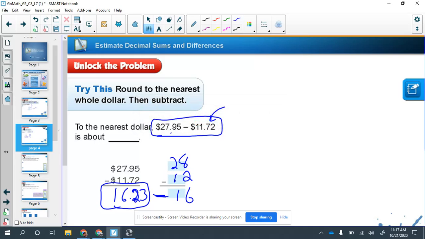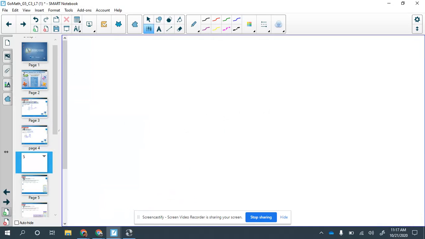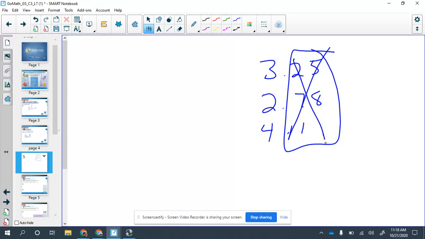Another way that we can use rounding or estimating when we're dealing with decimals is, let's say that we have two or three numbers, right? We'll just say that we have these three numbers. Now we can use what we call front end estimation, and basically what that means is that we take these decimal pieces and we're just going to ignore them. They're really not going to account for very much.